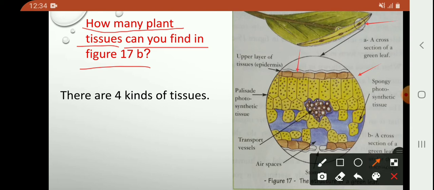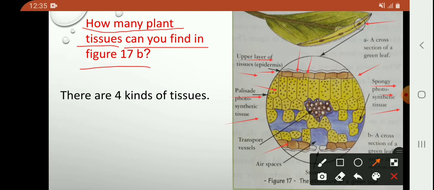These brown structures are the upper layer of tissue. Its name is epidermis. These yellow parts are palisade photosynthetic tissue. We have also spongy photosynthetic tissue, and we have here the lower layer of tissues.